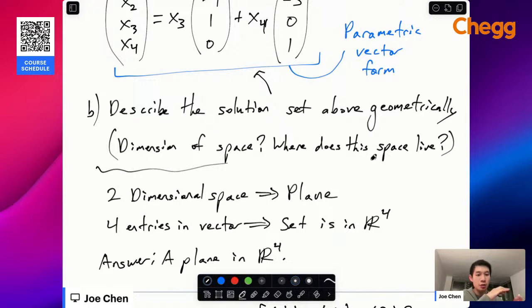So in terms of describing sets geometrically in this class, there are 2 different things to keep track of. One is the dimension, which, to jog memory, is related to the matter of a basis: how many vectors would be in a basis?